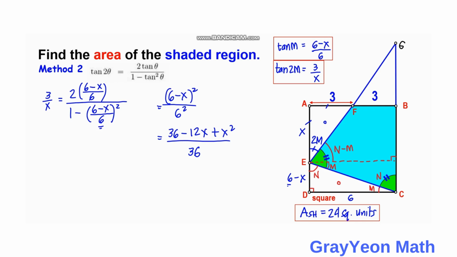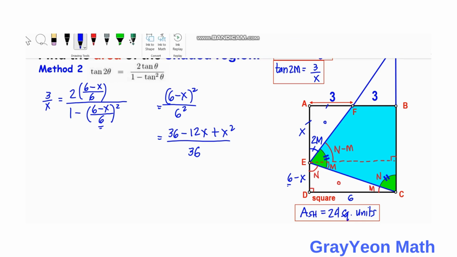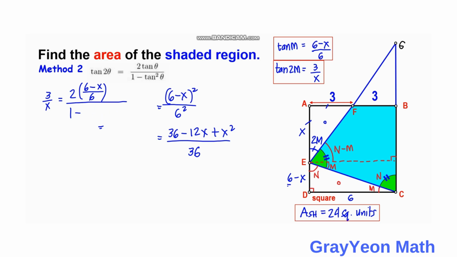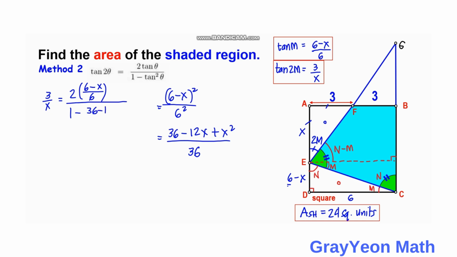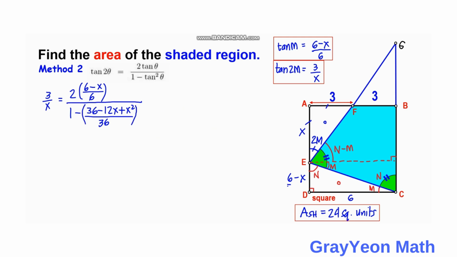Okay, so we replace this value with this: minus this 36 minus 12x plus x squared over 36. Next we can cancel this. So this becomes 3. Divide both the numerator and the denominator by 3. So this becomes a 3, and we just copy this.